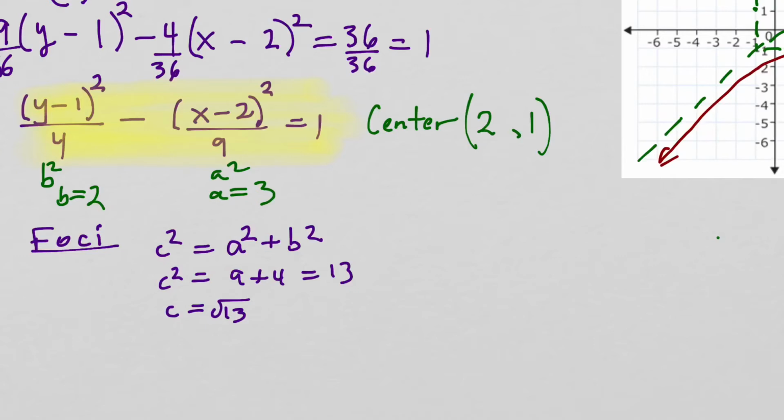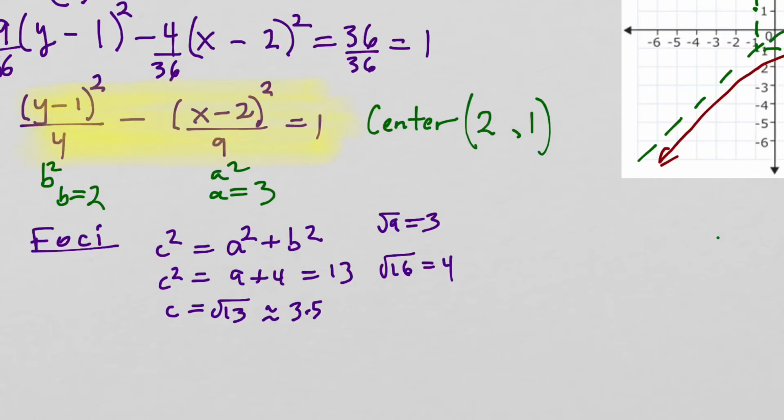The square root of 13 is between the square root of 9, which is 3, and the square root of 16, which is 4. So for the accuracy level of this type of graph, we're just going to say it's about 3.5. All right, so that gives me a better idea of where to put my foci.